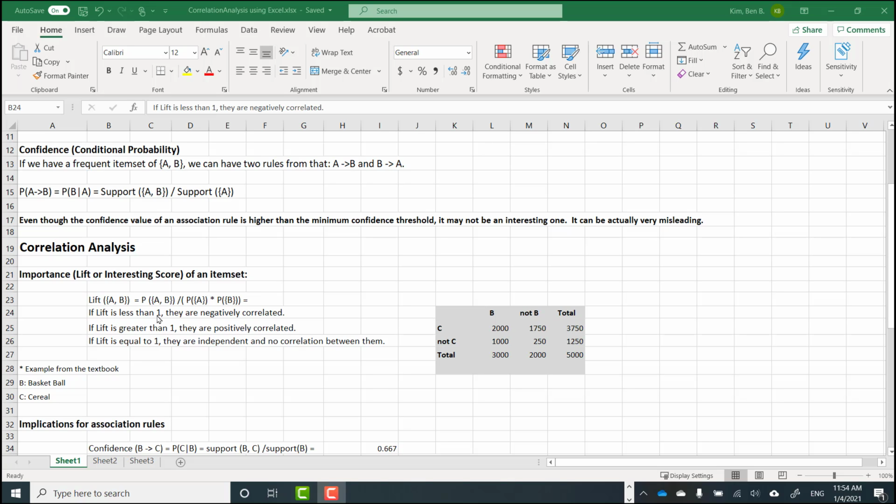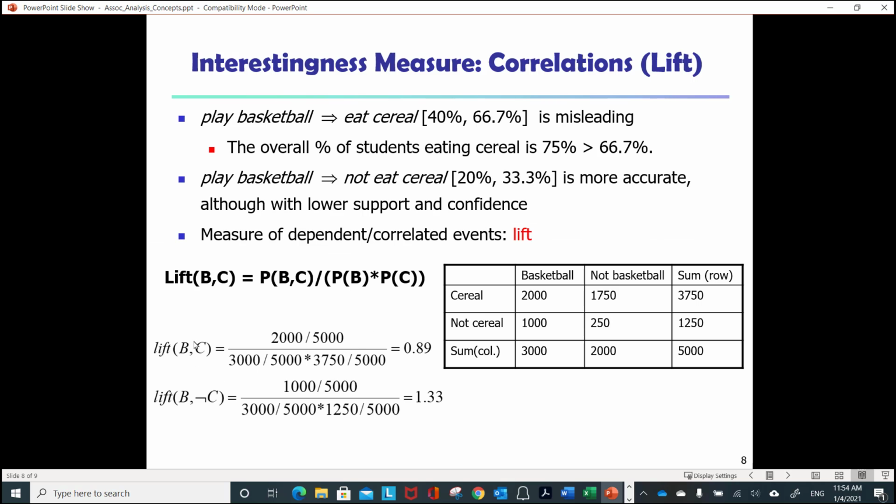If lift is less than 1, A and B are negatively correlated. If lift is greater than 1, they are positively correlated. If the lift is equal to 1, they are independent of each other, with no correlation between them. So in our previous example, the lift is 0.89, which is less than 1, so we know B and C are negatively correlated with each other.